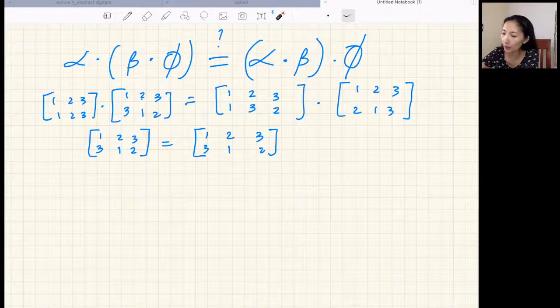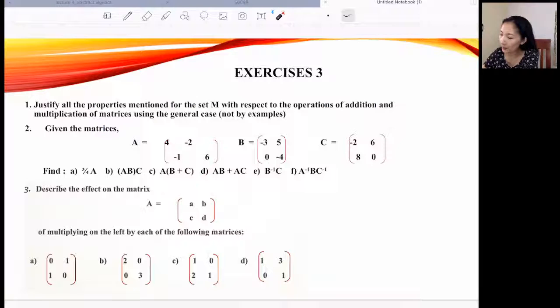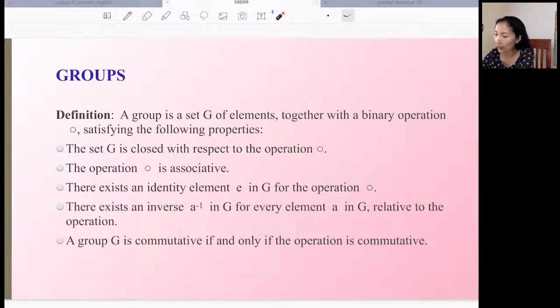So, let's go back to that question then. Correct, it's associative. Now, is there an identity element? We found out before that there is an identity element, and that is alpha, the first one, 1, 2, 3 over 1, 2, 3. Next, is there an inverse? I asked you before to look for inverses.